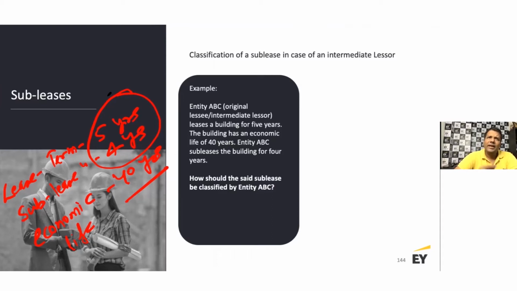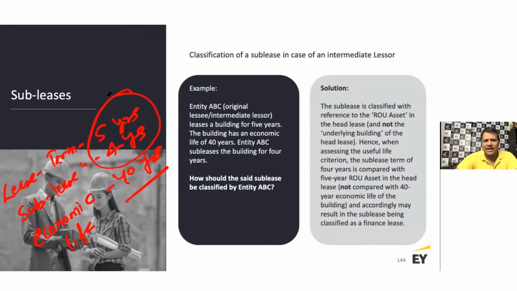So if the value is substantial with reference to my carrying value of the ROU asset, or if the life for which I'm subleasing it is substantial relative to the life I was entitled to, which in this case is 5 years versus 4 years, that means I am subleasing it for a substantial period. So essentially this looks like a case of a finance lease. The sublease is classified with reference to the ROU asset in the head lease and not the underlying building of the head lease.